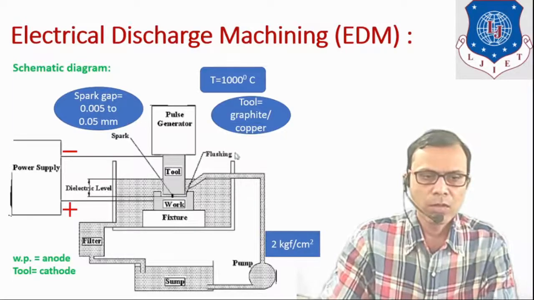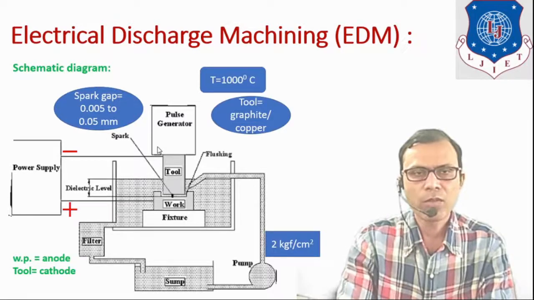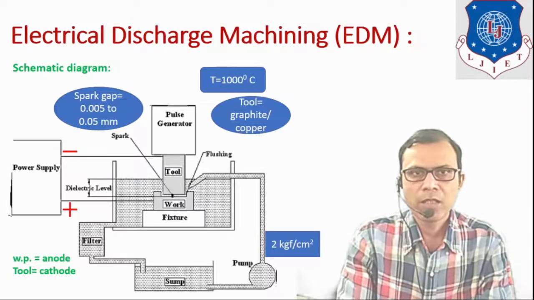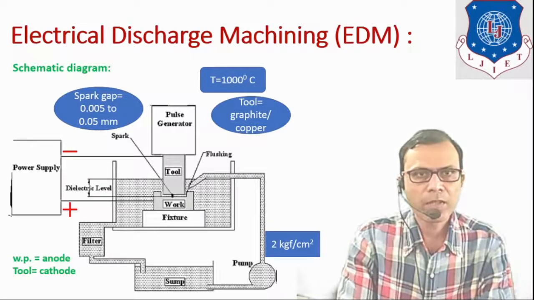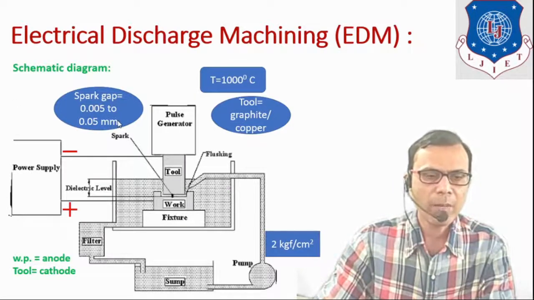Here, when DC supply is provided to the cutting tool, a spark takes place at the interface of cutting tool and workpiece. The gap maintained between cutting tool and workpiece is in the order of 0.005 to 0.05 mm.